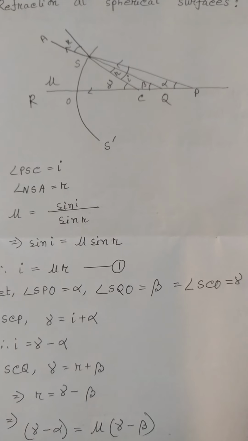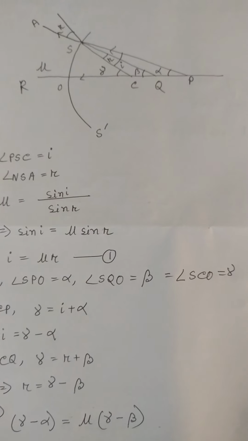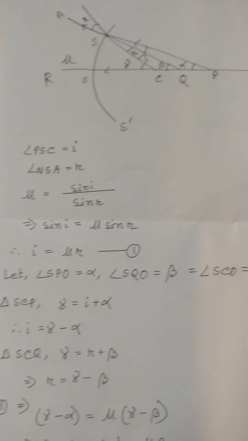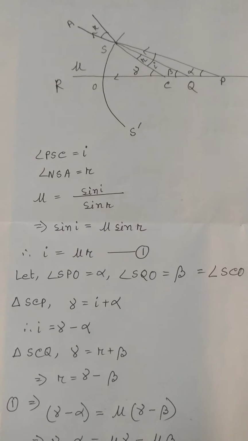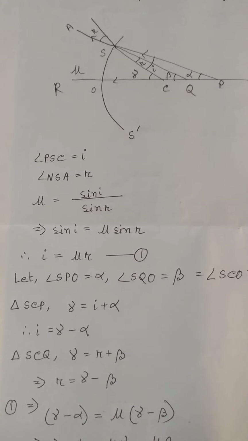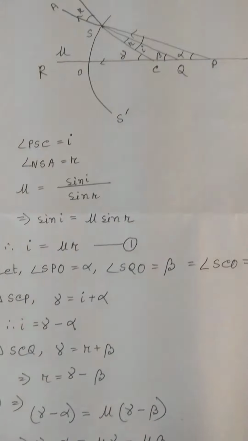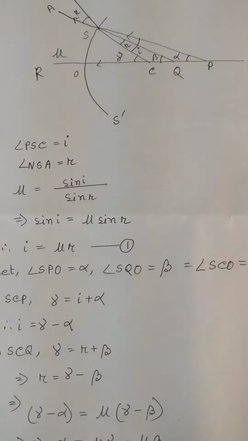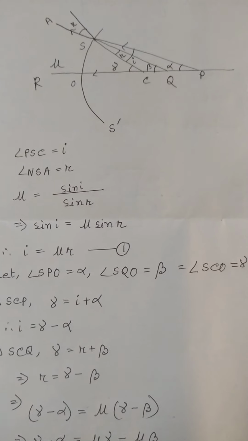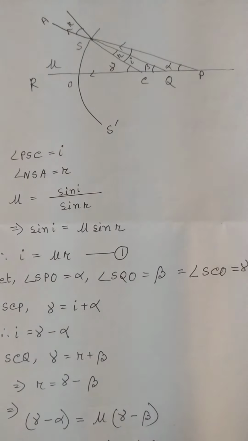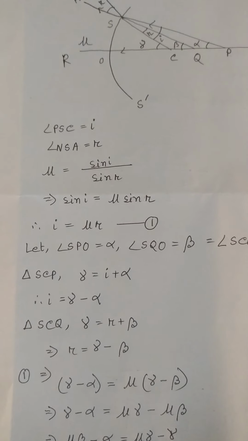Now from the second law of refraction, we know that the refractive index of the medium mu equals sine i divided by sine r. So we write sine i equals mu sine r. As i and r are very small, we can write sine i equals i and sine r equals r. Then the equation becomes i equals mu r, which we denote as equation number 1.